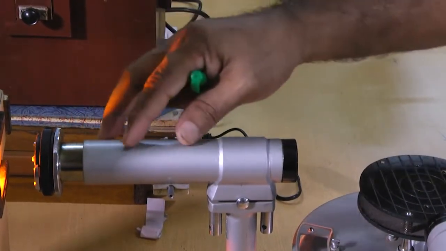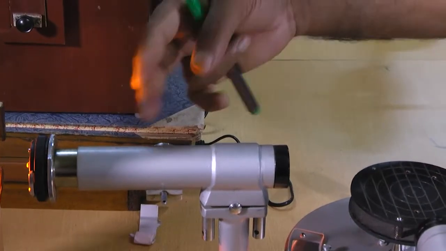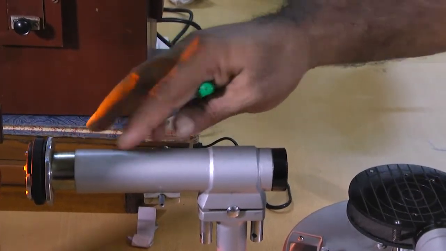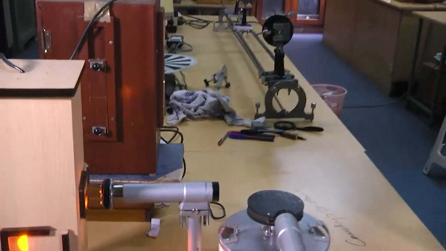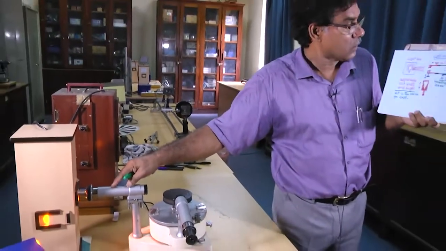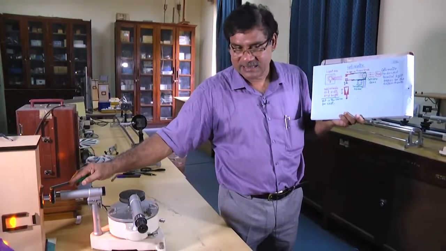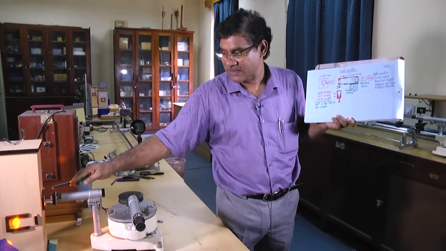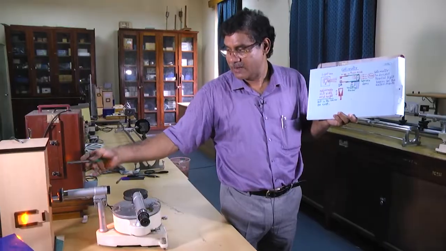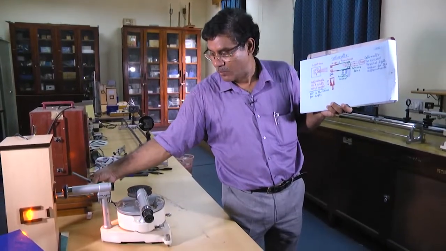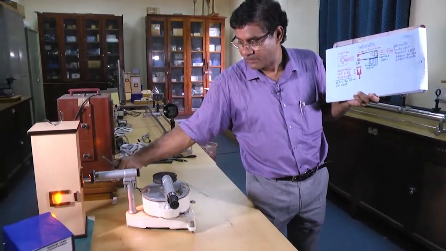So, how will I know that it is at the focal point? That I will describe. Here basically you can adjust the slit height, you can adjust the slit width, and you can move the slit in and out, okay.